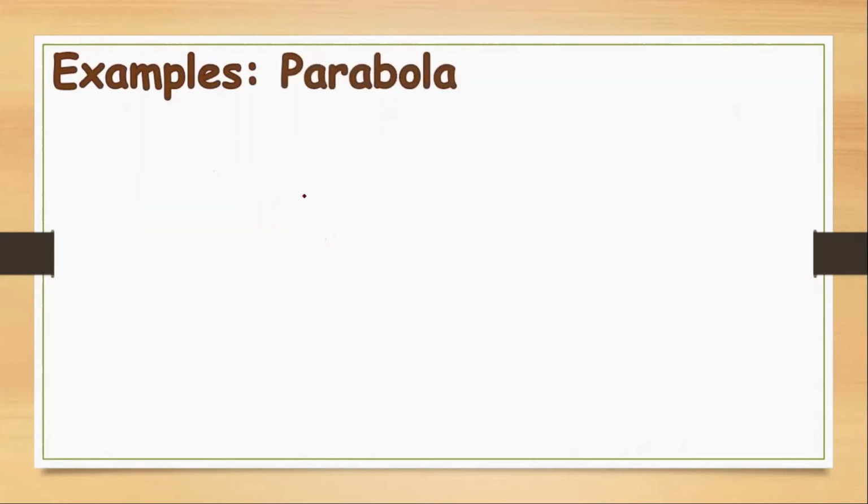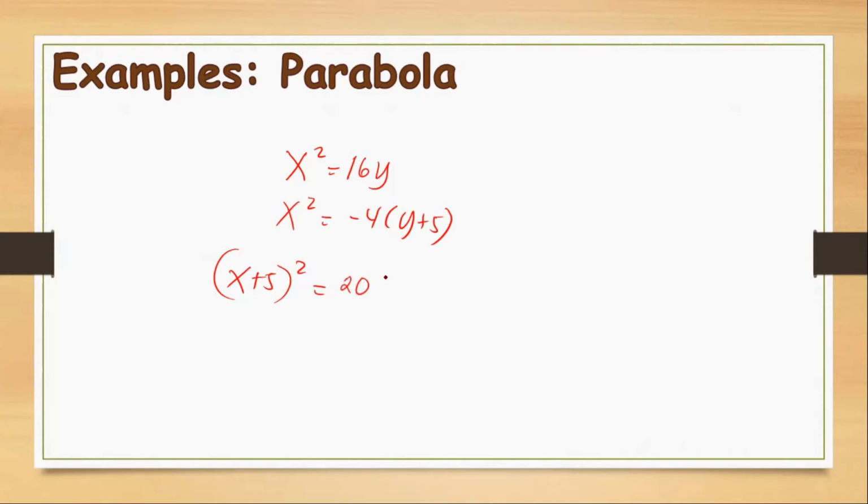And also for the examples of the parabola, we can have x squared equals 16y, x squared equals negative 4 times (y plus 5). We can have also (x plus 5) quantity squared equals 20 multiplied by (y minus 10).